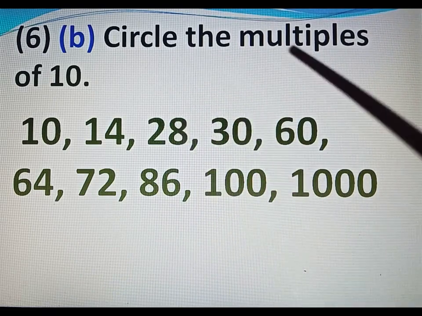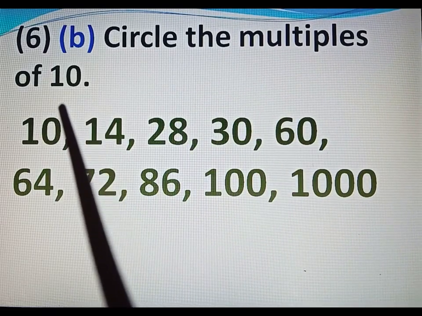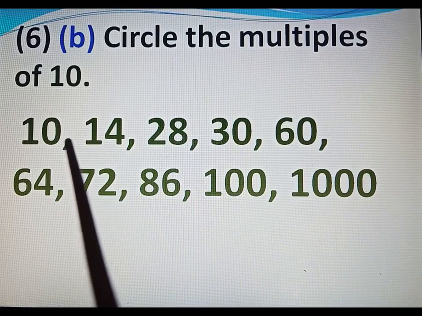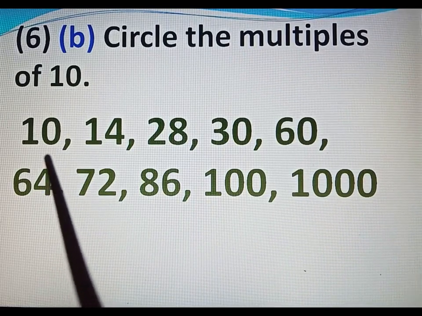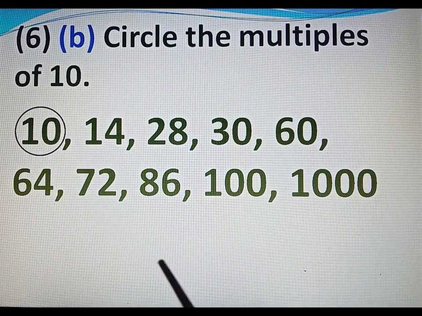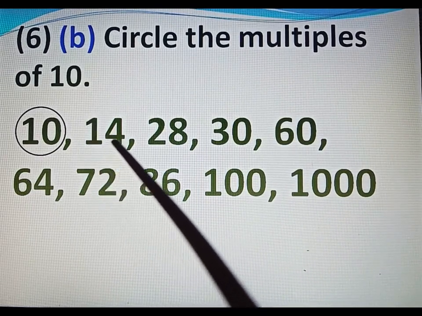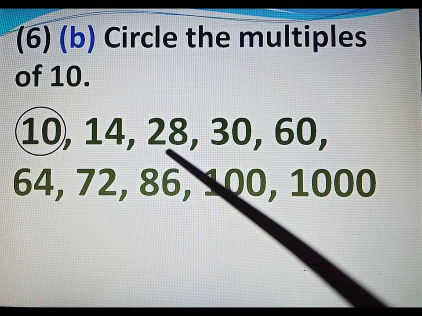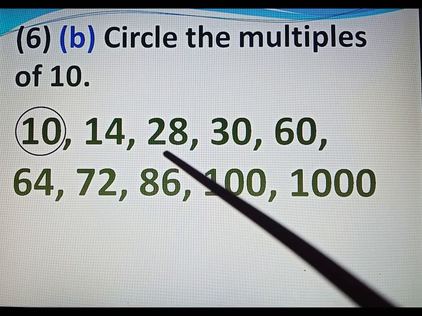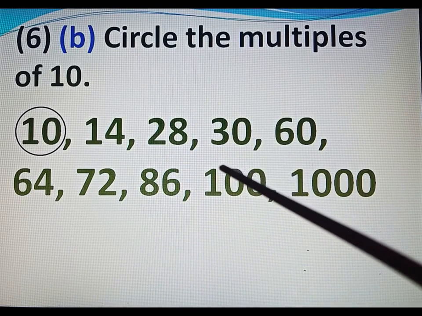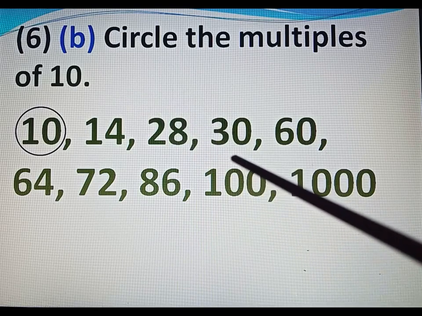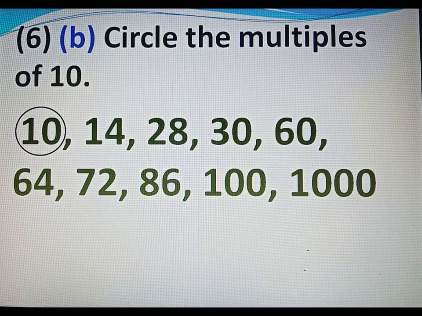We have to circle the multiples of 10. See, 10. We will circle this number 10. Now see 14. 14 is not a multiple of 10. We will not circle this number. Next number 28. 28 is not a multiple of 10. 30. 30 is a multiple of 10. We will circle this number 30.